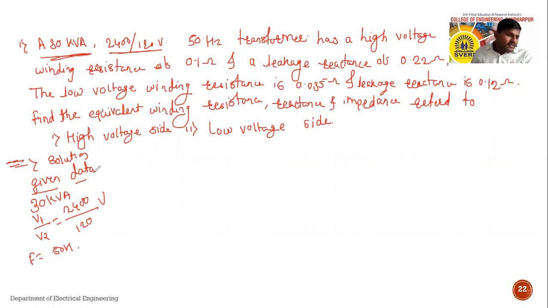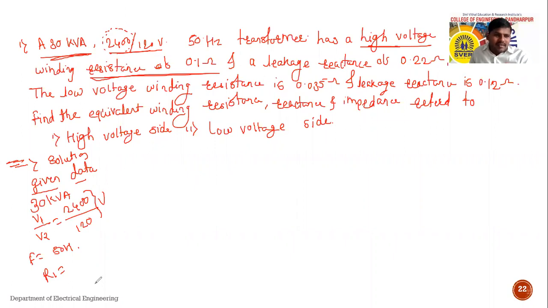Again, what is given? R1 is given. Which is the primary side here? The high voltage winding resistance is given. Which is the high voltage side winding, primary or secondary? Primary. Obviously the voltage at the primary side is 2400, so the high voltage winding is the primary winding.